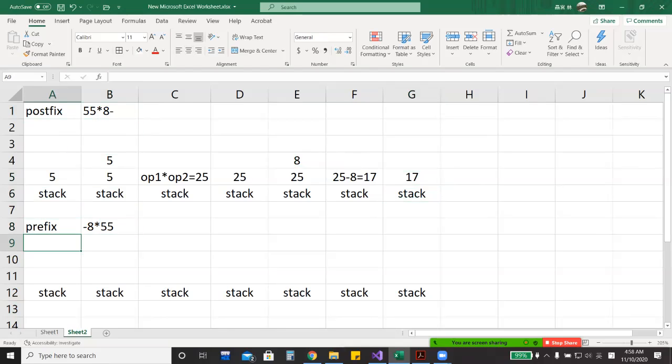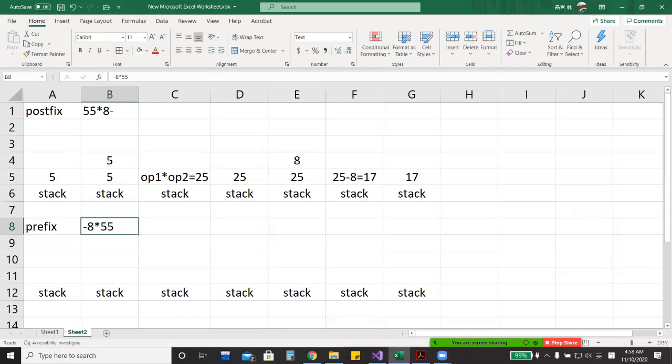So if I want to deal with an expression in prefix, I just need to read the values backwards. If I read this expression backwards, the first character that I read is 5, the first from the back.